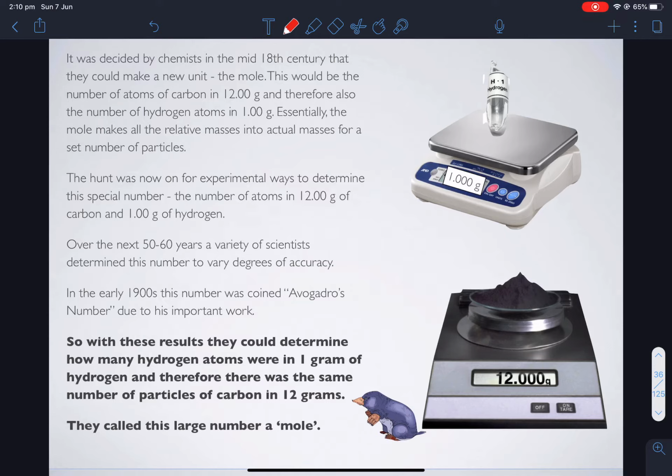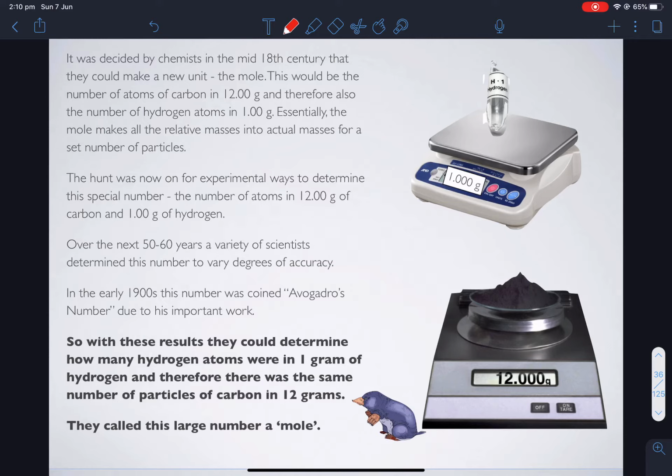Okay, so the mid-18th century chemists decided they needed a new unit, a new number. It would be the number of atoms of carbon in 12 grams, because of that 12 grams to 1 gram of hydrogen. They knew that hydrogen was the lightest element, so that 1 to 12 ratio was really pretty, and it gave really good results. So they said, let's find out the number of atoms in 12 grams of carbon, because it's a nice easy number.